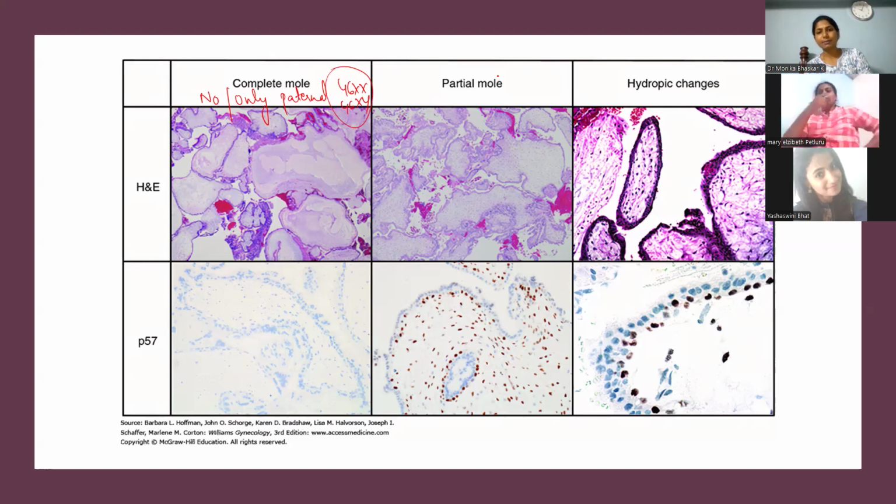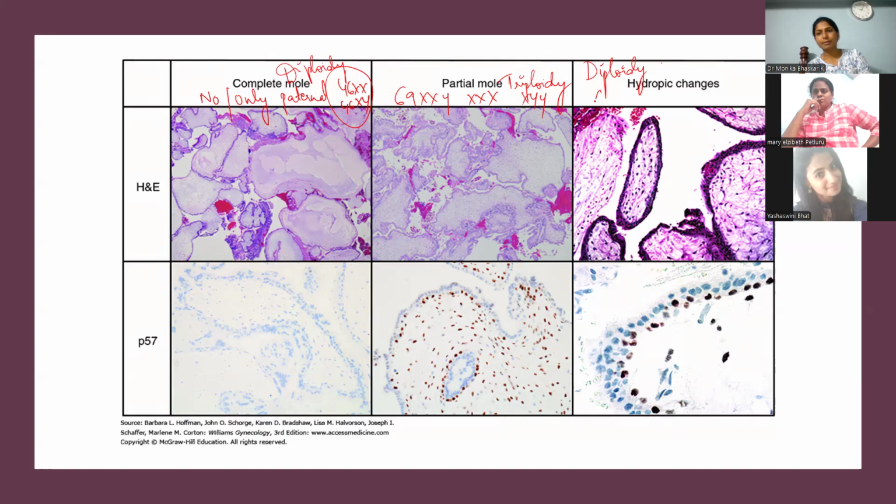If you do karyotyping in a partial mole, it will be 69XXY, 69XXX or 69XYY. It is triploidy. So a complete mole is diploid and a partial mole is triploid. But in a hydropic fetus, there will be diploidy, and it will be biparental.